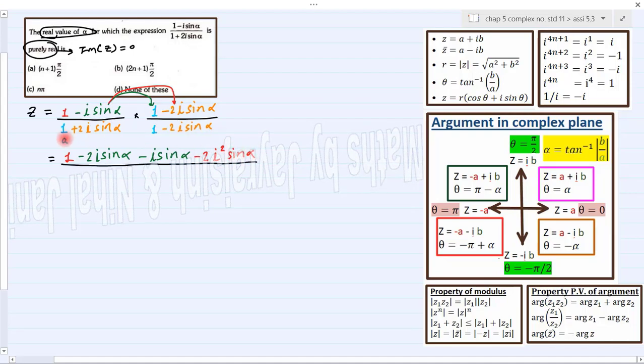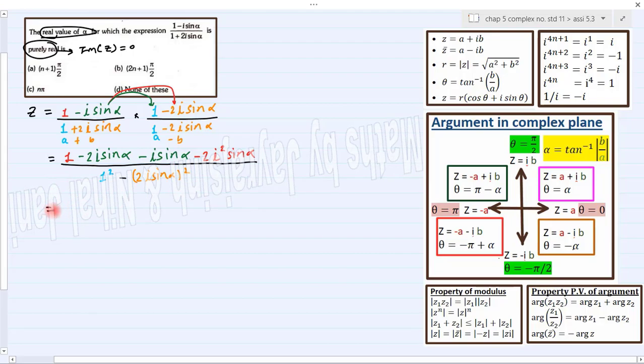In the denominator, simply we have (a + b)(a - b), or we can say a squared minus b squared, which is (2i sin alpha) the whole squared.